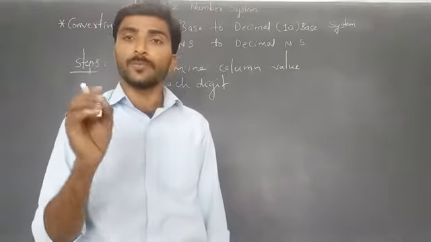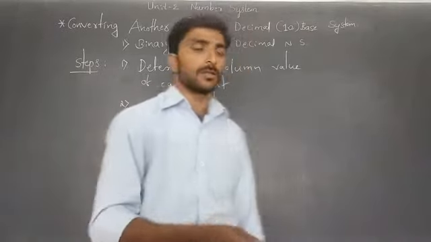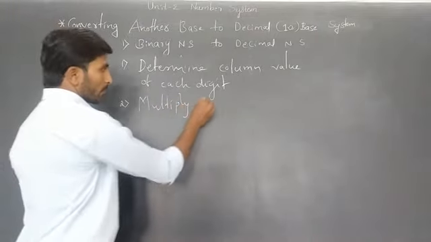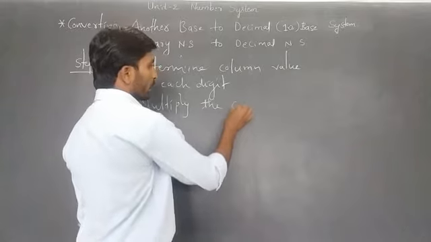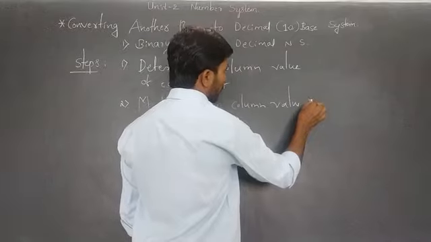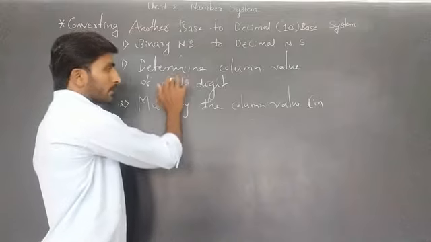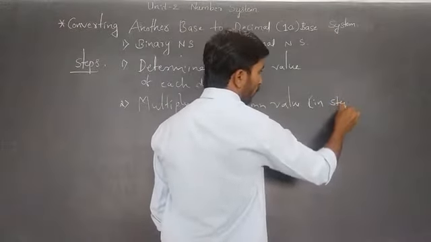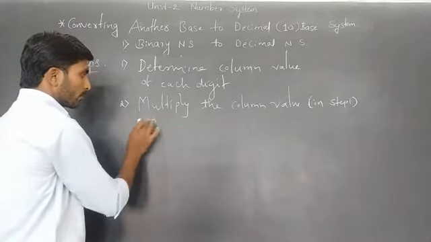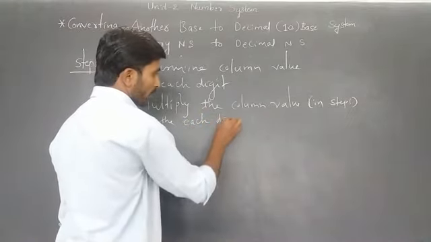Second one: multiply the column values obtained in step 1 by each digit which is available in the number system.